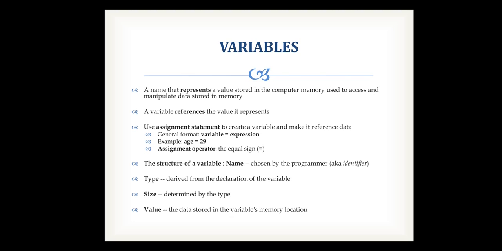If you write age as 29 in word form, as a string, then the age variable data type is character. Now the size is determined by the type, and then the value of data stored in the variable's memory location.